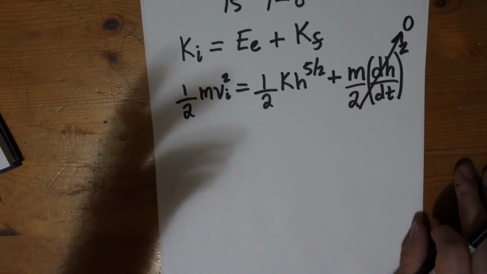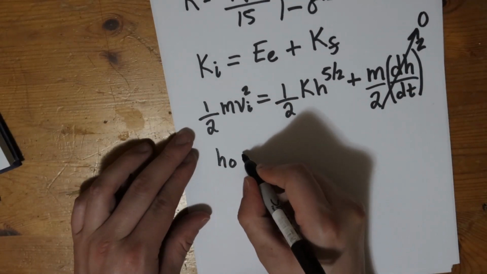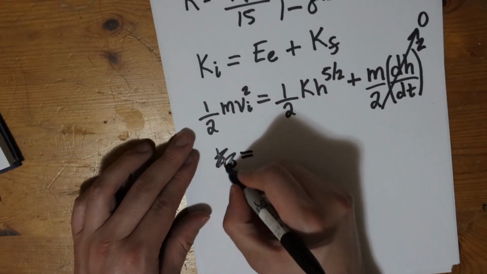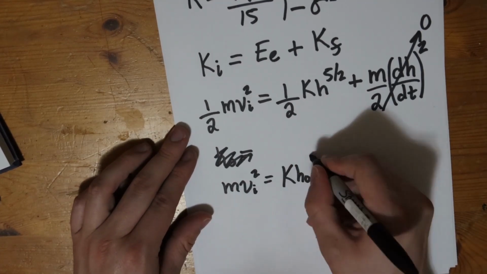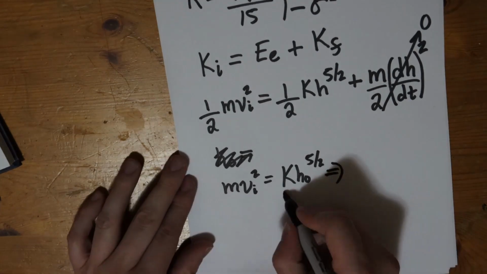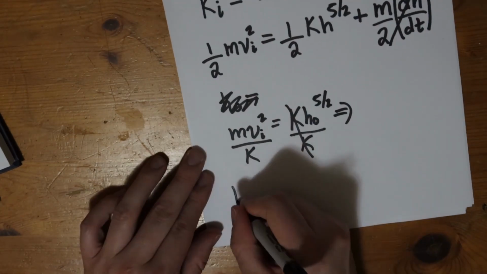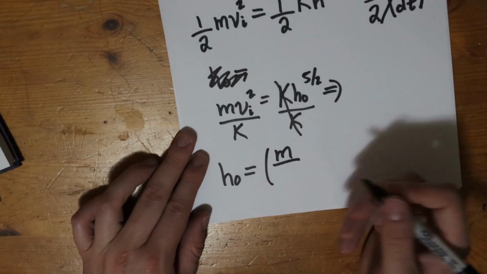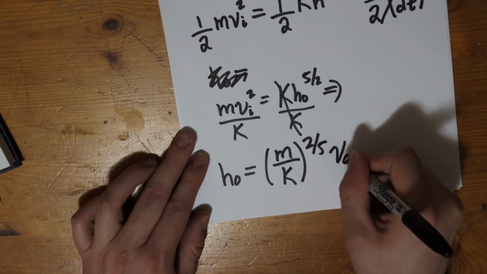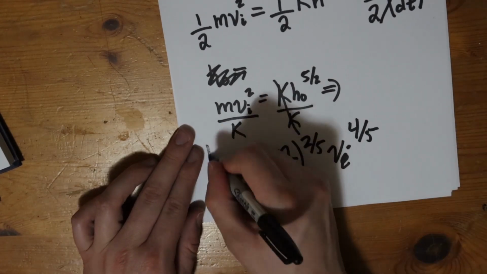So you can isolate h from the equation. To do that, you can rearrange the terms and eventually get the value of h. So by doing that, we figure out that h0, the maximum h at the maximum point of pressure during the collision, is this equation right here.